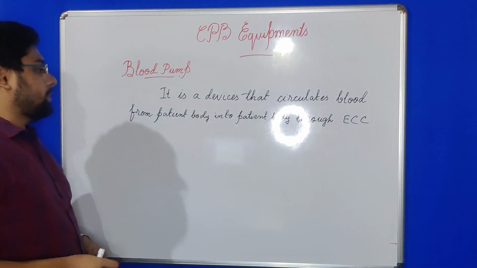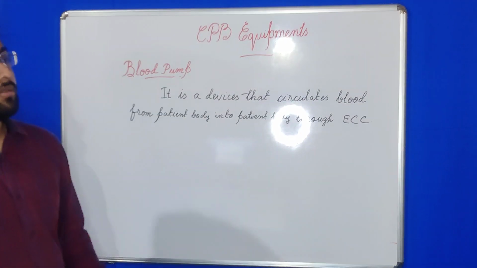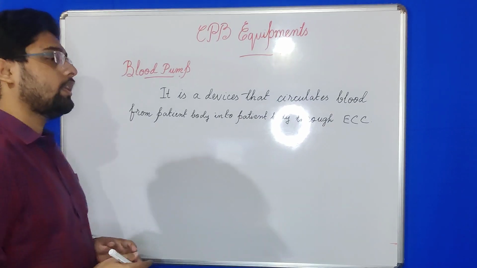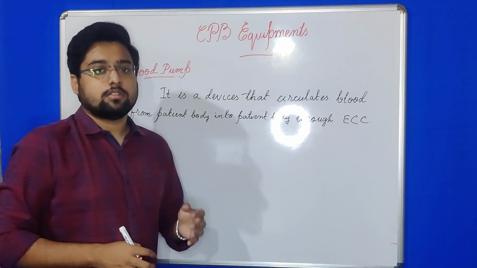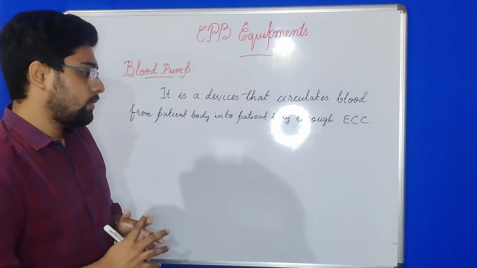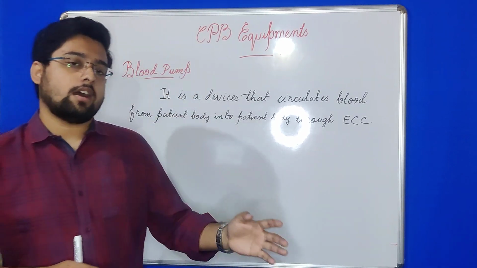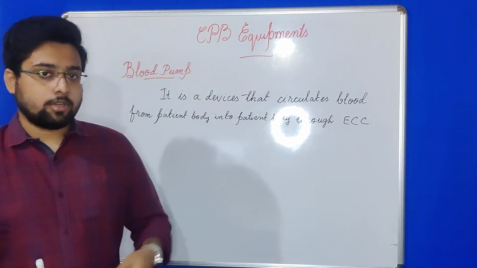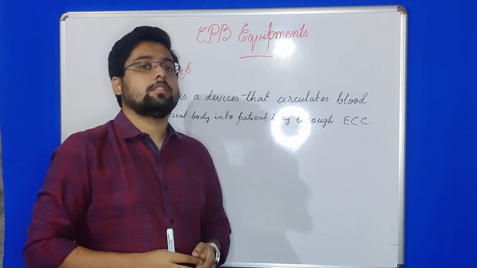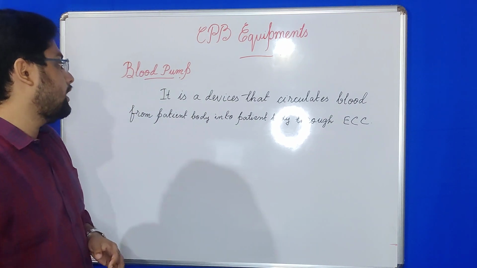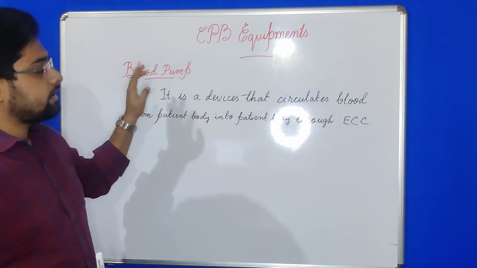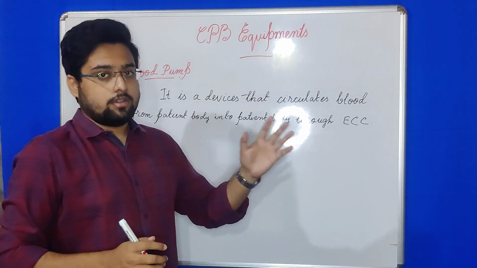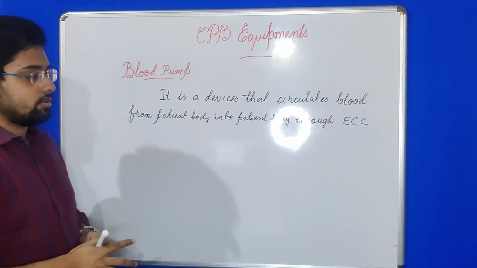So basically what is its job? Its job is actually the job which our ventricles do. What do our ventricles do? They pump the blood. The right ventricle pumps the blood into pulmonary circulation. The left ventricle pumps the blood into systemic circulation. The same thing is done by the blood pump, so that we can do the heart's job through our extracorporeal circuit.